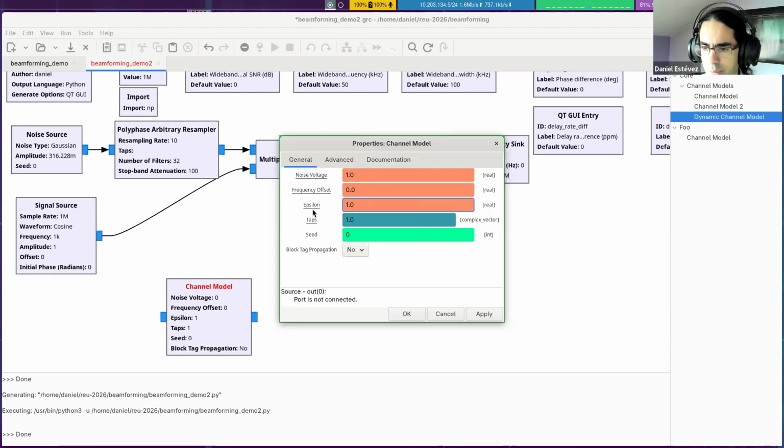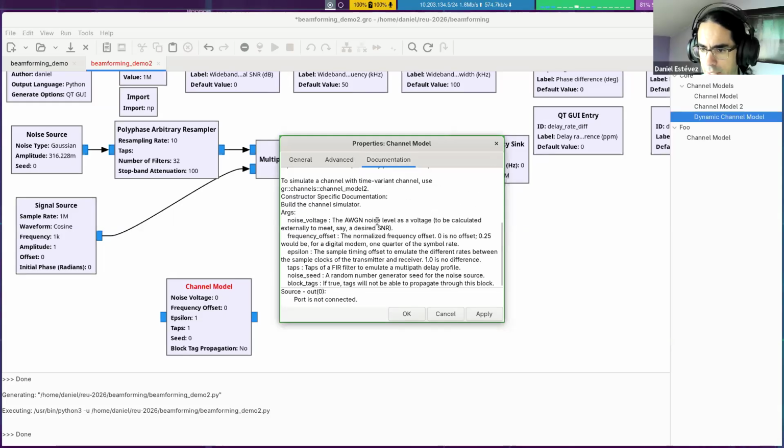Then there is this parameter which is called epsilon, and I don't like this name at all because what does it mean? I guess it's like some mathematical term in some formula, and it's explained here actually, and the explanation is reasonable. So this says the sample timing offset to emulate the different rates between the sample clocks of the transmitter and receiver. 1.0 is no difference.